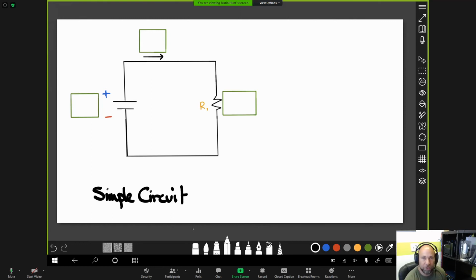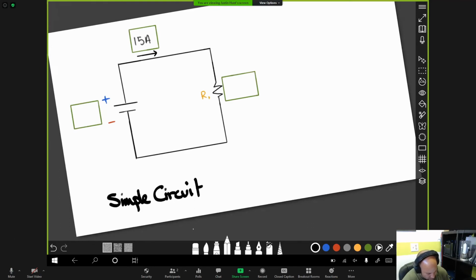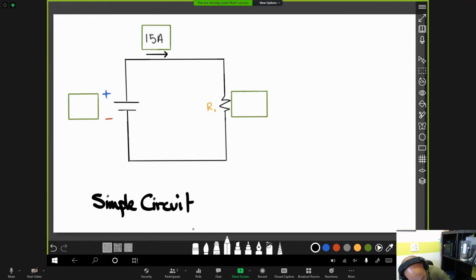Let's say we don't know the voltage, but we know we've got 15 amps. We've got a lot of current. Our electrons are flowing pretty quick here. And we know that we've got 6 ohms of resistance. So let's whip out our handy dandy equation here and we'll plug in. We don't yet know voltage. That's fine. We'll put a V there instead.